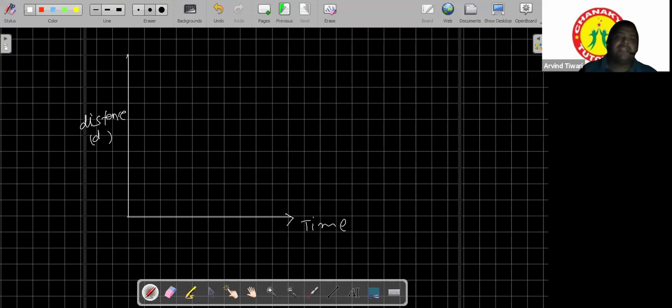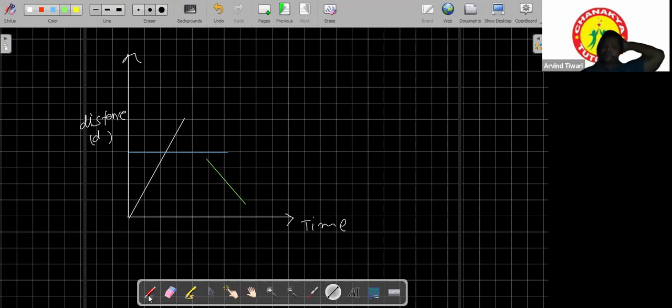I will be taking a few examples. Suppose again I have a straight line like this, another graph something like this, and another graph something like this. So what do these three graphs represent? What does graph A represent here?